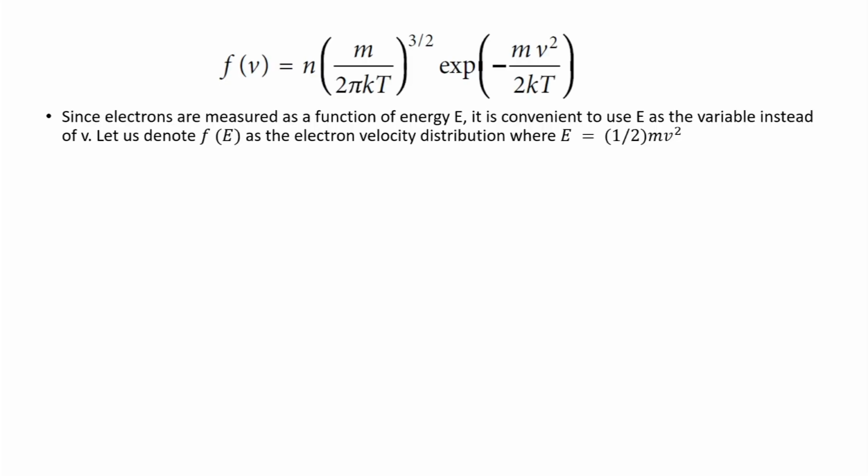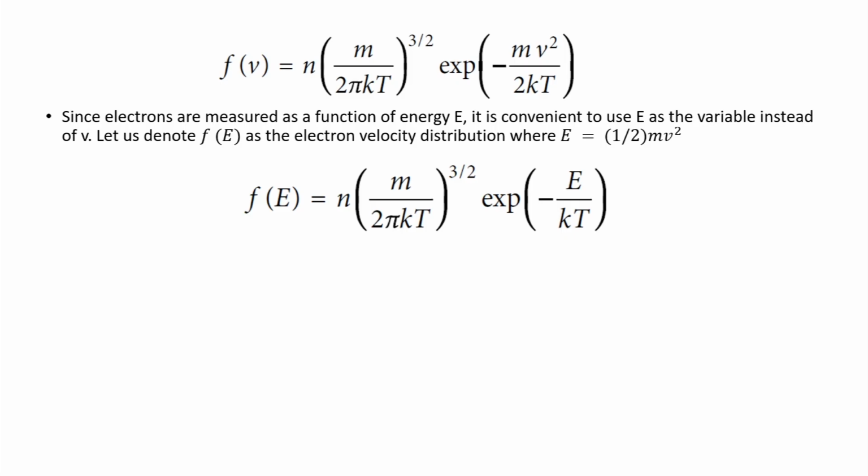Now, since the electrons are here we are putting it in V. This again I told you earlier. So, I can write this expression in terms of energy, just by replacing m v square by 2 E. So, this gives me the energy distribution. Okay.